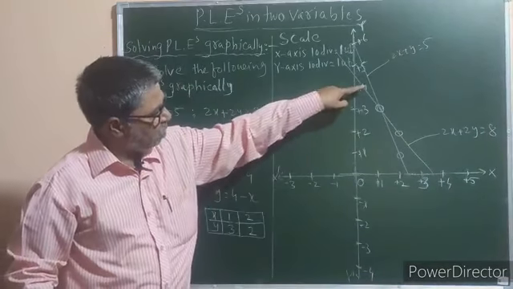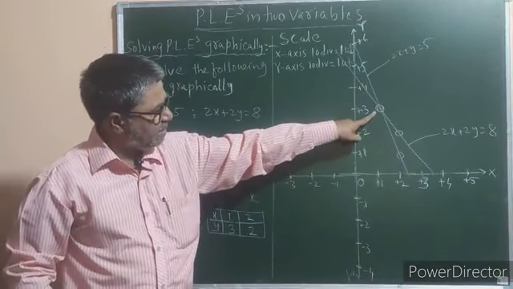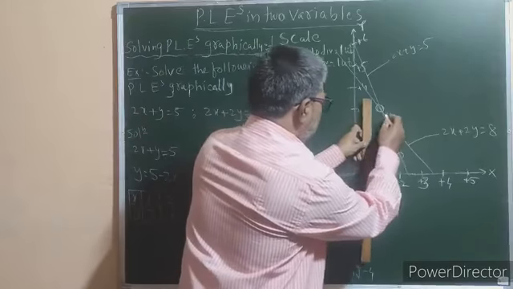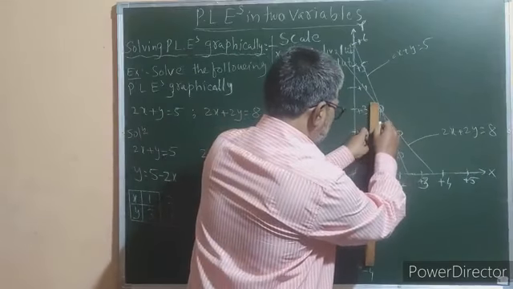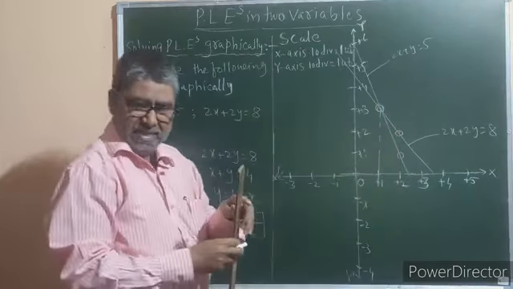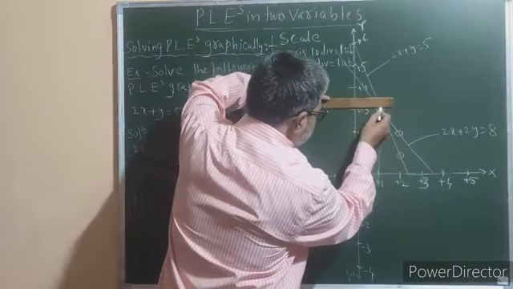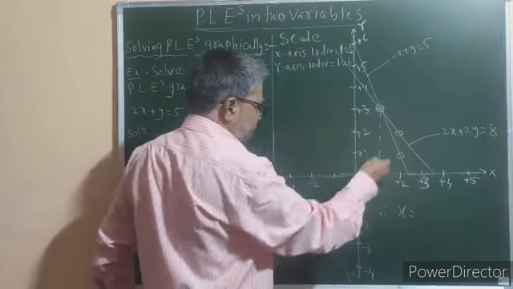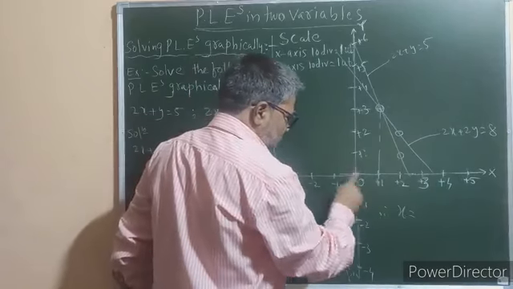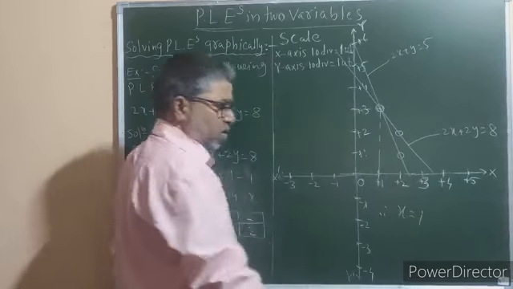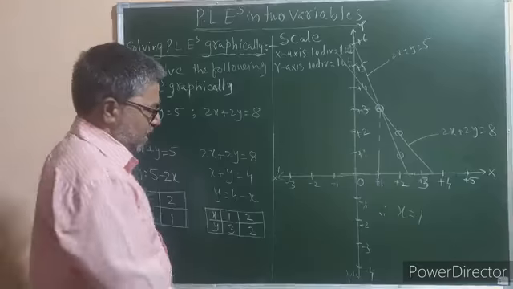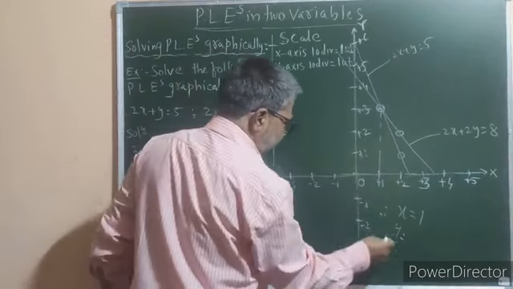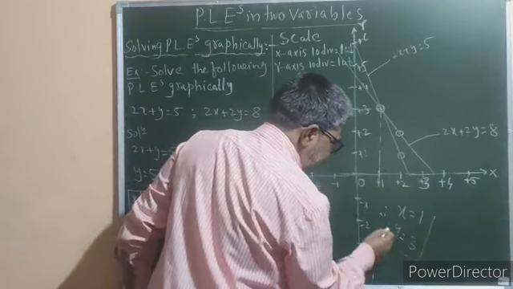So these two lines are intersecting at one common point here. Draw two perpendiculars, one on the x-axis and another on the y-axis. Okay, so the perpendicular falls on 1 on the x-axis, therefore the value of x is 1, and the perpendicular is falling on 3 of the y-axis, so the value of y is 3.